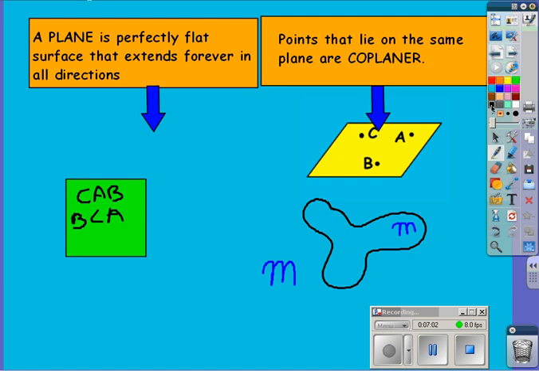If I were to add a point on my plane M down here, and we'll call that point G, points A, B, and C are not coplanar with point G because all 4 are not on the same plane. Point B and point A are coplanar. Point B and point C are coplanar, but point B and point G are not coplanar because they do not exist on the same plane.